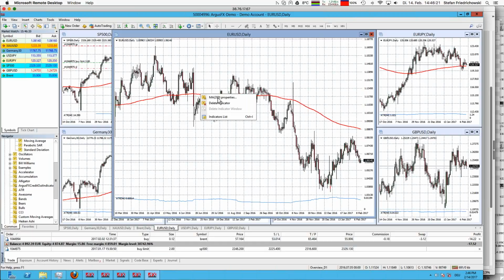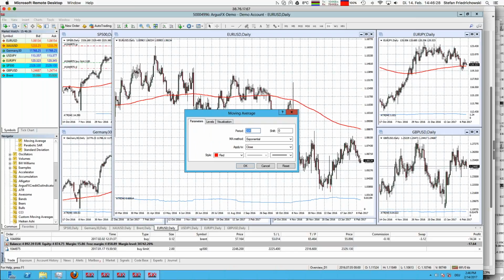So now we want to have this as 160, and we want to have that line a little bit thicker. It will be the fourth line, therefore I take this thickness here.